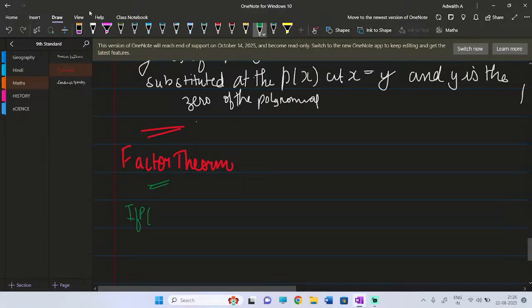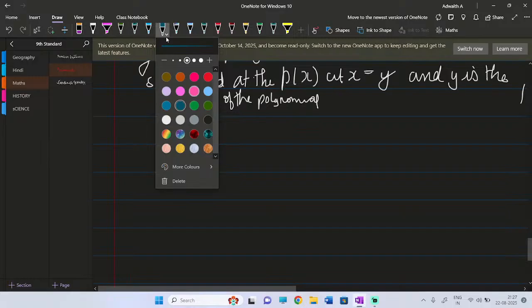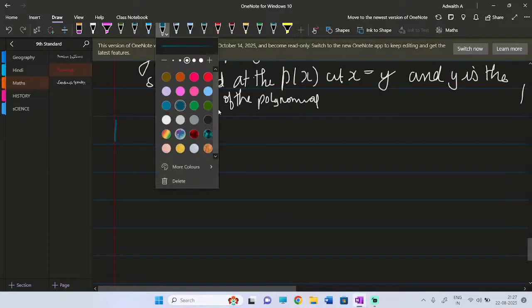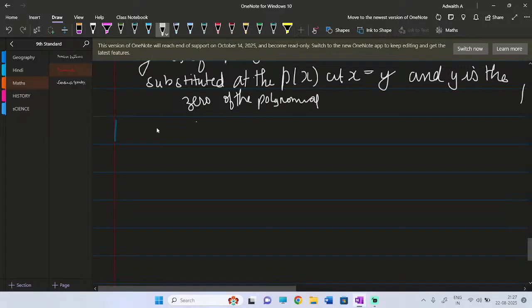If p of x equal to... wait, I'll start with grouping, then we will learn the rest, or else it's a confusion. I don't want to confuse you that much. If I confuse you, you won't learn.